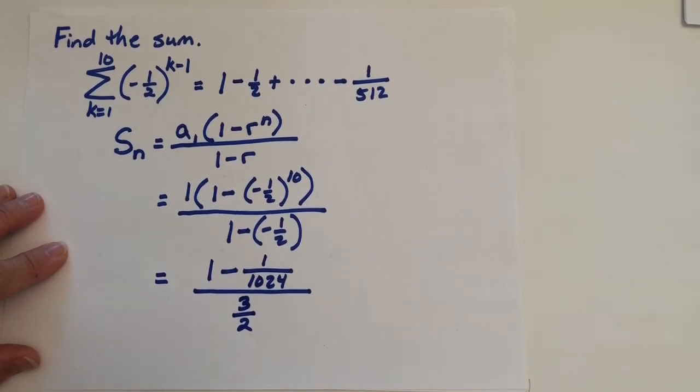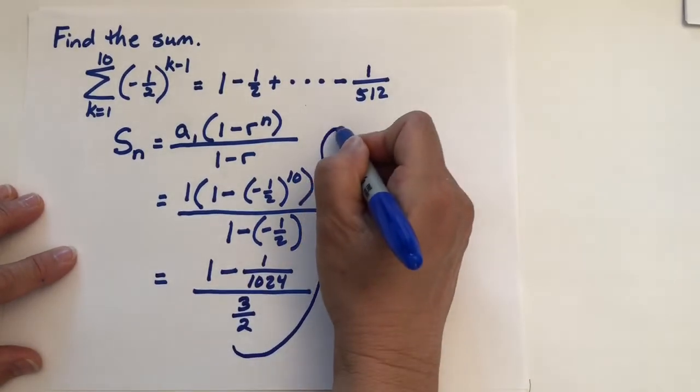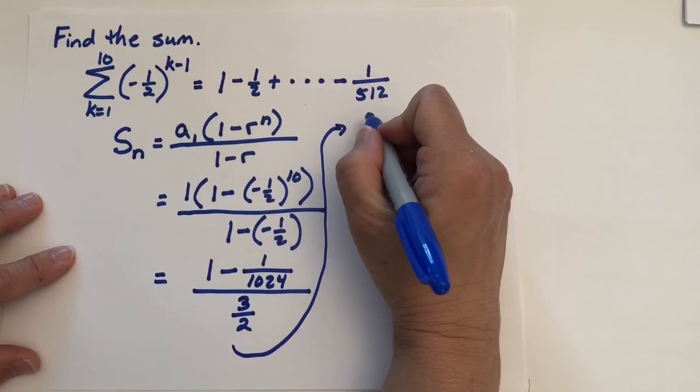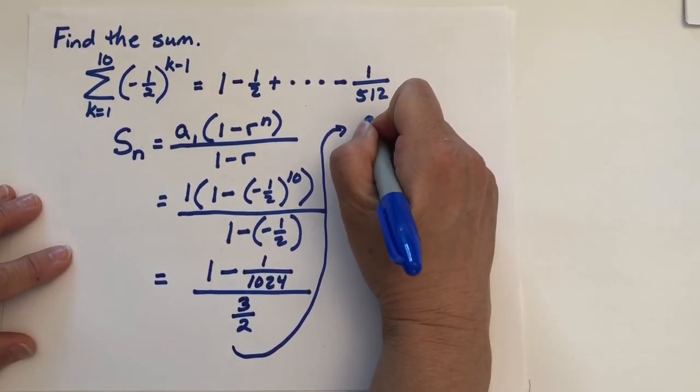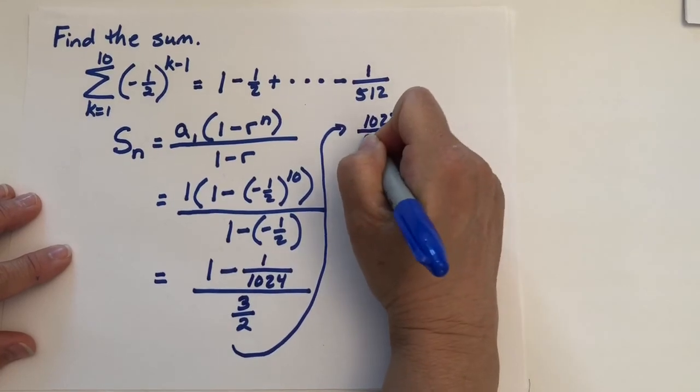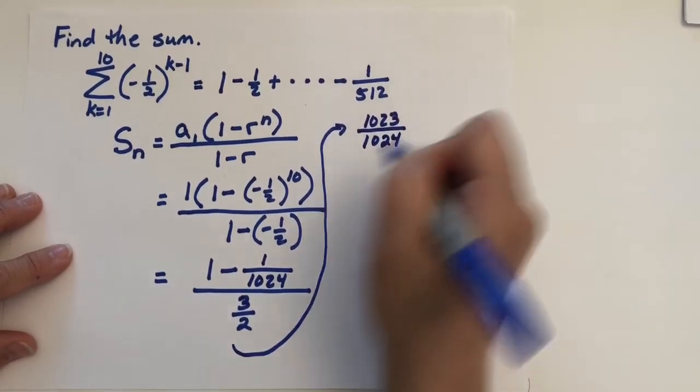Let's see, we have a little more arithmetic to do. Let me come over here. 1 minus 1 over 1,024. If you get a common denominator, you'll find you have 1,023 over 1,024.